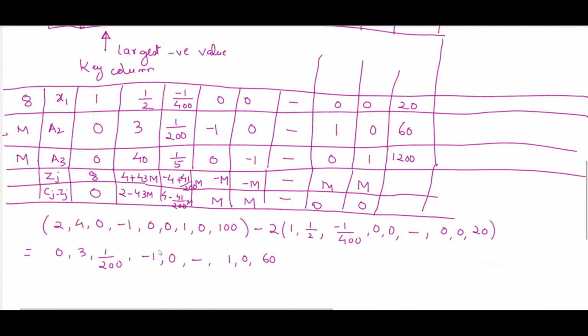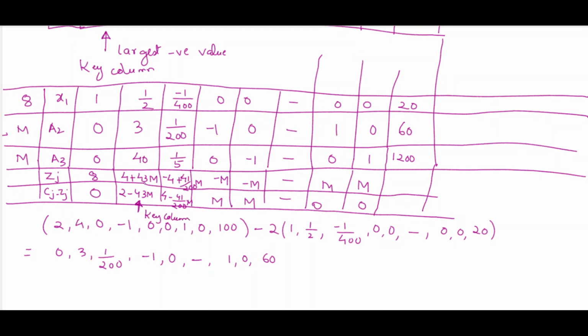Largest negative value. So out of this, 2 minus 43 M is the largest negative value, because 41 by 200 is less than 1. So this is the largest negative value. Minus 43 M is much greater than minus 41 by 200 M. So this is the key column in the second iteration.